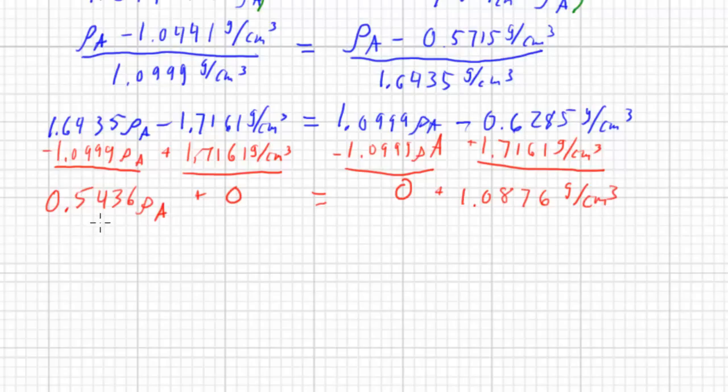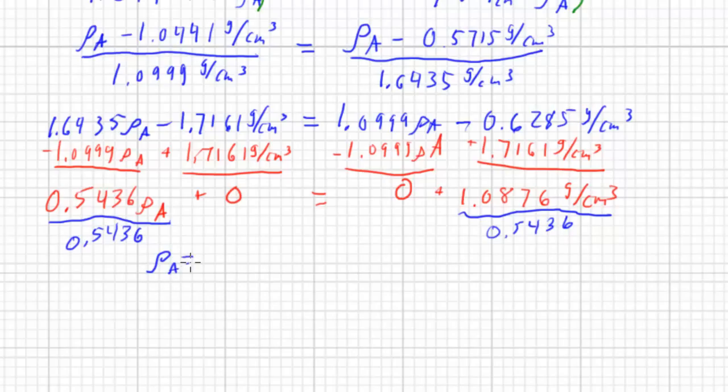Finally, dividing through by 0.5436, we get that the density of the amorphous is equal to 2.000 grams per cubic centimeter.